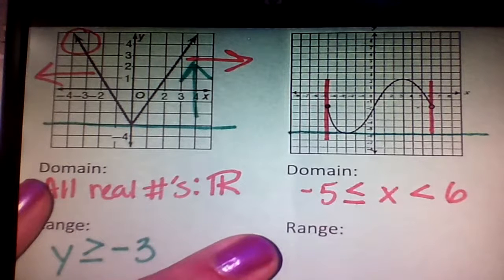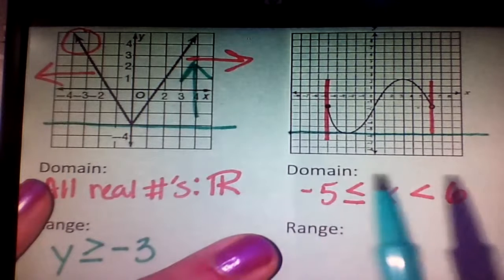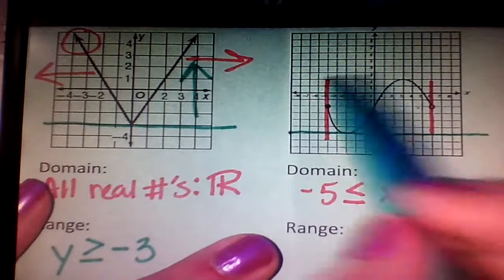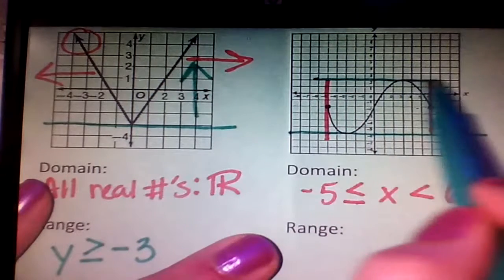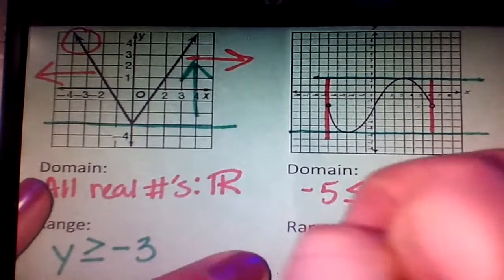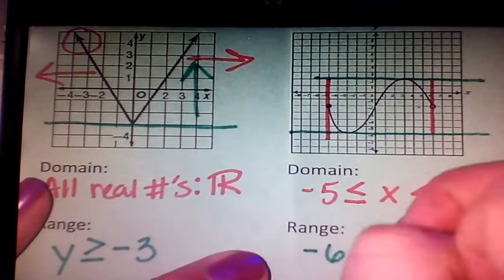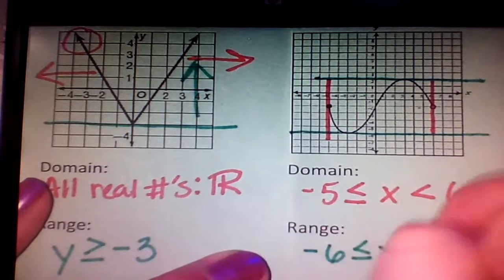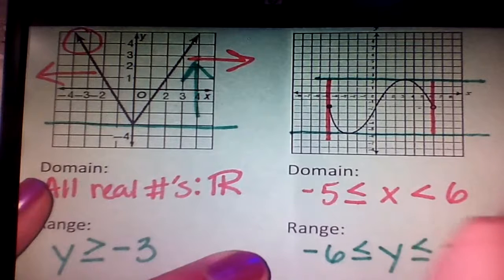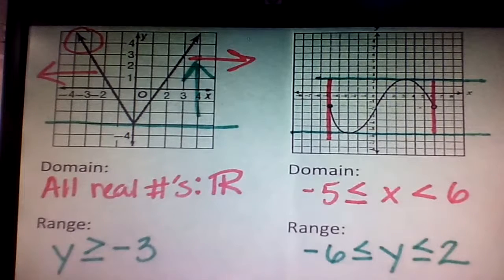Up to what? +2. So -6 is less than or equal to Y, which is less than or equal to 2. So unless you clearly see an open circle, it is always less than or equal to. Okay.